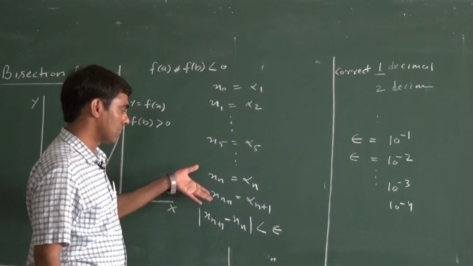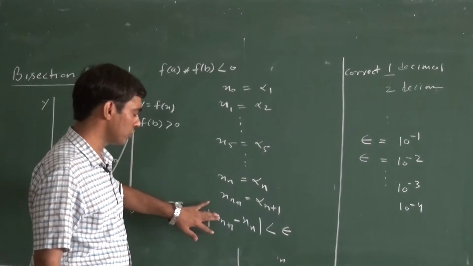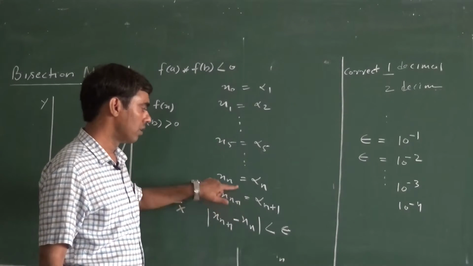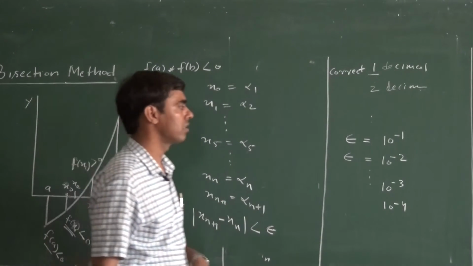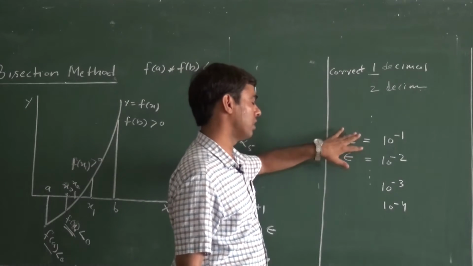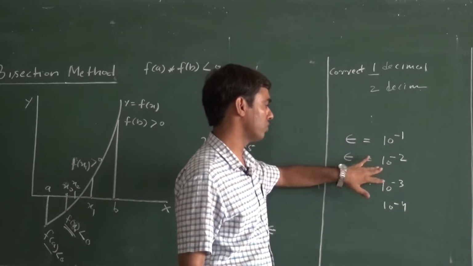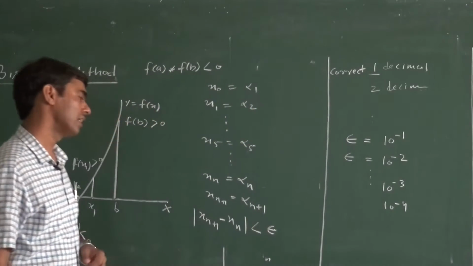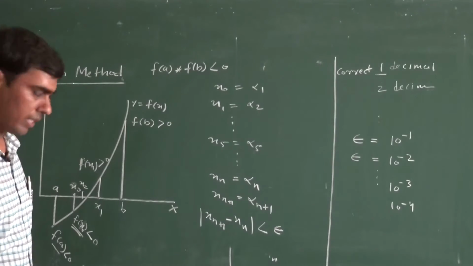So we conclude that if the positive difference of two successive iteration values is less than EPS, whatever we decide, either correct to 1 decimal place, meaning 10 to the power minus 1, 10 to the power minus 2, 10 to the power minus 3, then we stop our iterative procedure.